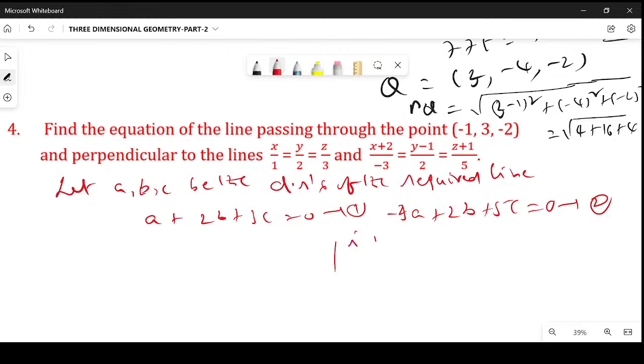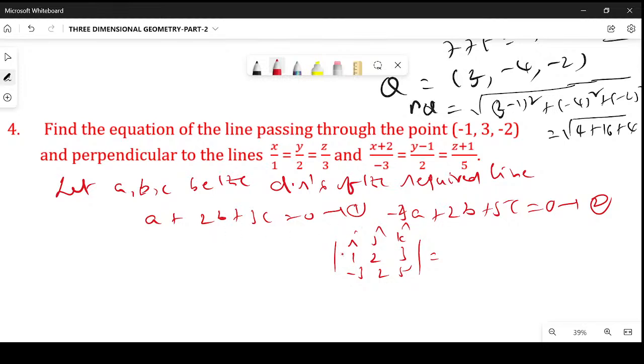So for example, I take i cap, j cap, k cap, then 1, 2, 3, the coefficients of this, and minus 3, 2, 5. This vector gives the DRs of the required line.